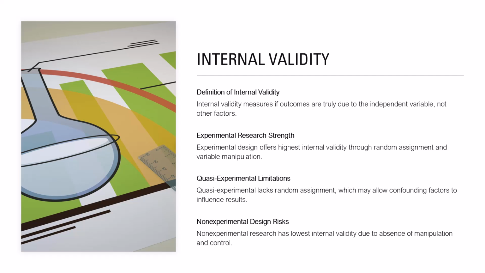Quasi-experimental research, while manipulating the independent variable, lacks random assignment, which can introduce confounding factors. Non-experimental research has the lowest internal validity due to the absence of manipulation and control. Changes in the dependent variable in non-experimental designs may be attributed to reversed causality or third variables.